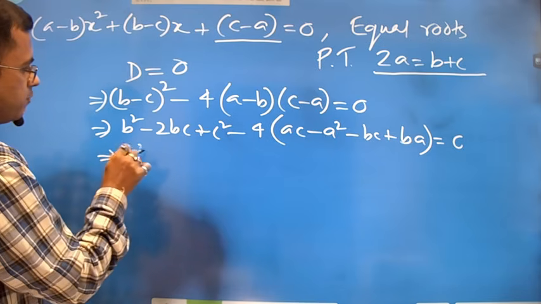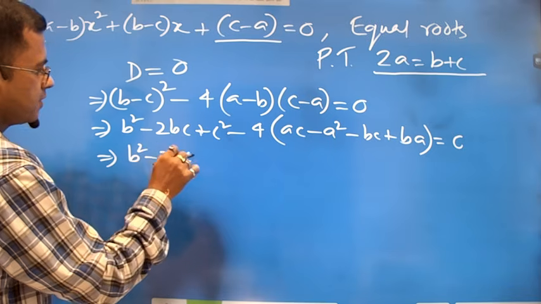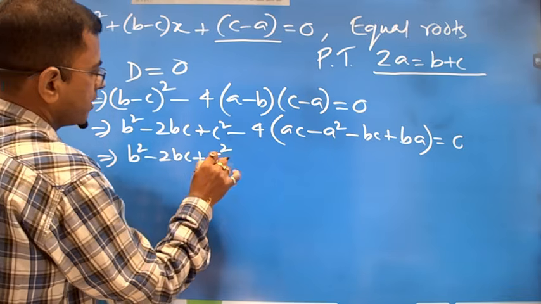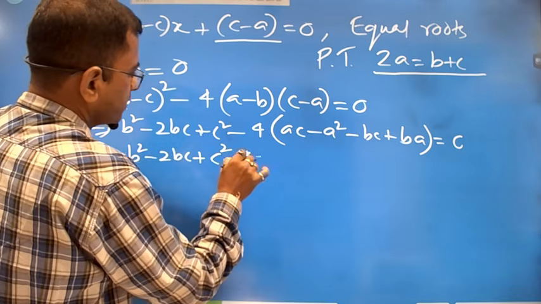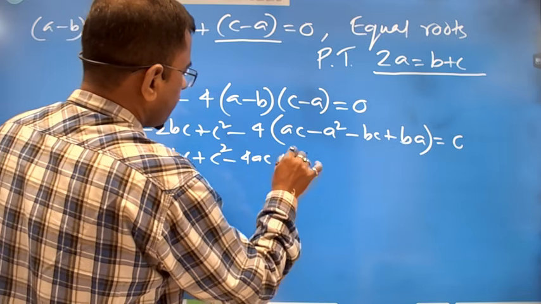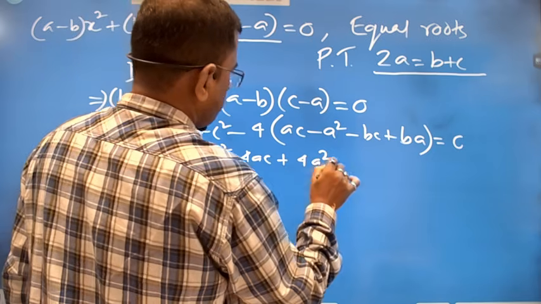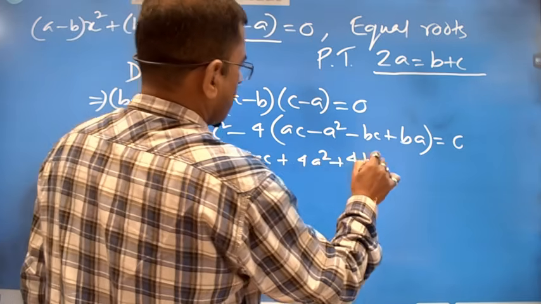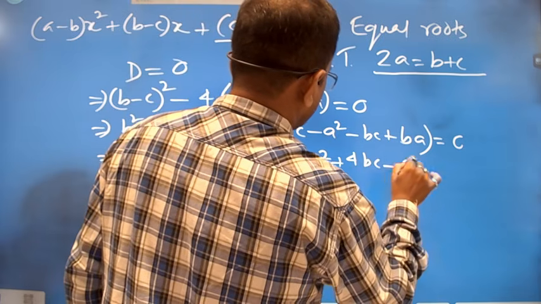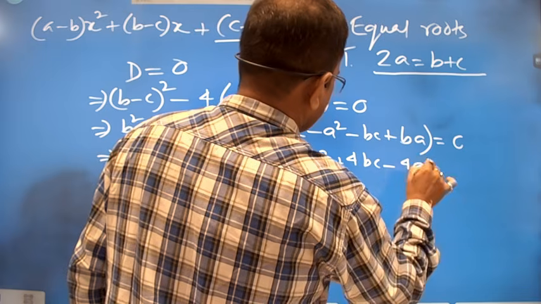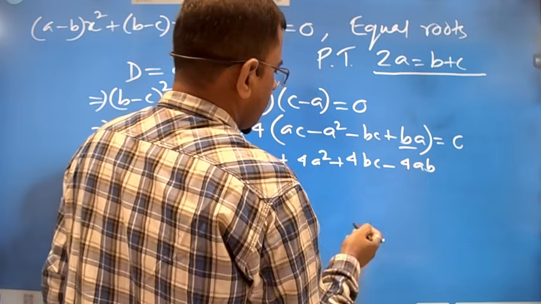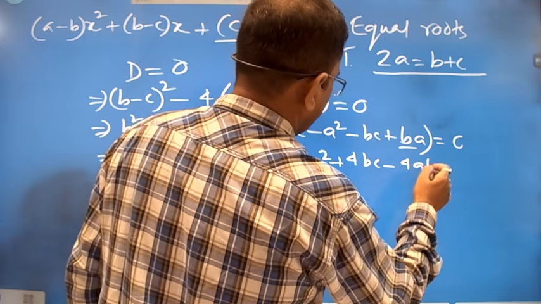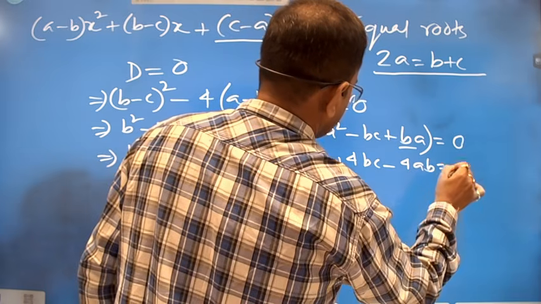That is b square minus 2bc plus c square minus 4ac plus 4a square plus 4bc minus 4ab. You can write ba as ab. Okay, this is equal to 0.